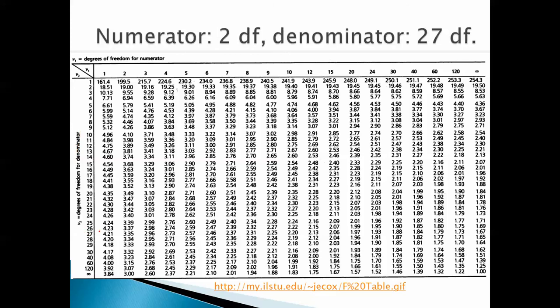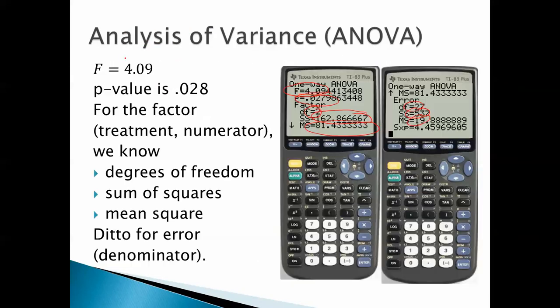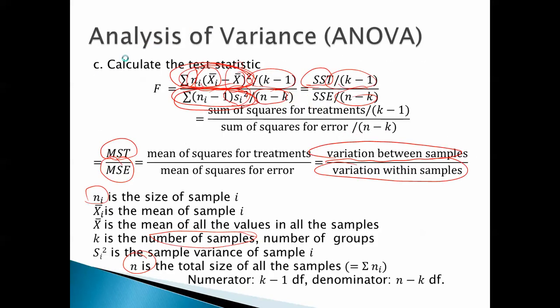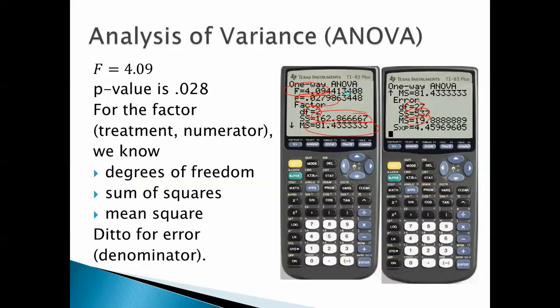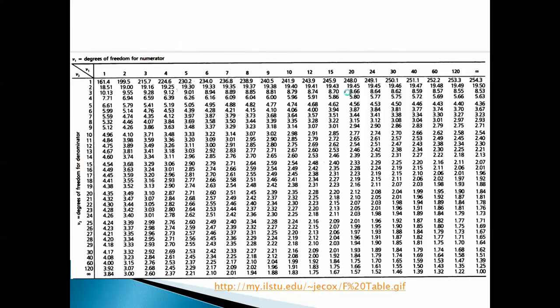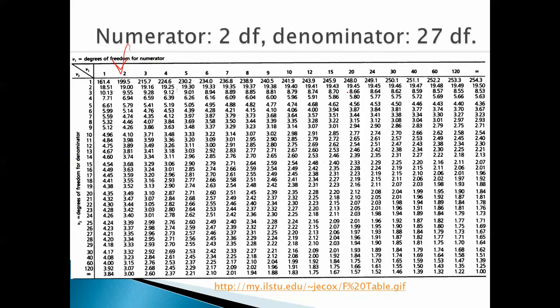As for the numerator, we saw earlier that was 3 minus 1, in other words, 2 degrees of freedom. And if you don't believe me, this is where we saw that. This k minus 1 is our degrees of freedom for the numerator, n minus k, degrees of freedom for the denominator. So 2 degrees of freedom for the numerator, 27 degrees of freedom for the denominator.